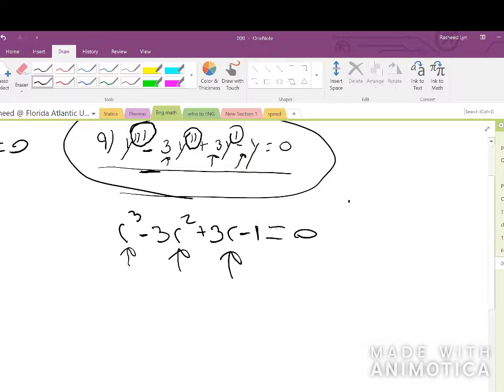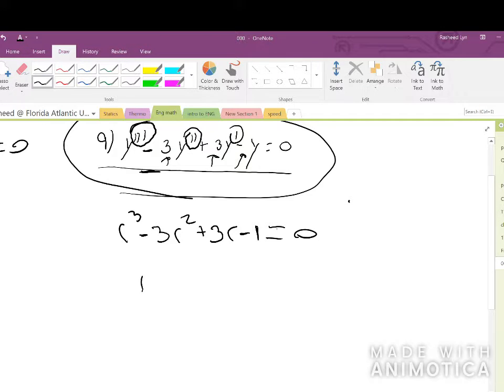You could plug in negative 1, negative 2, positive 2, 3, whatever, as long as it equals 0. I know if I plug in 1 into this and this and this, it will all come to 0. If you plug in 1 right here, that's 1. You plug in 1 right here, that's negative 3. And if you plug in 1, that's 3. So negative 3 and 3 will cancel, and that positive 1 that I plugged in and that negative 1 will be 0.